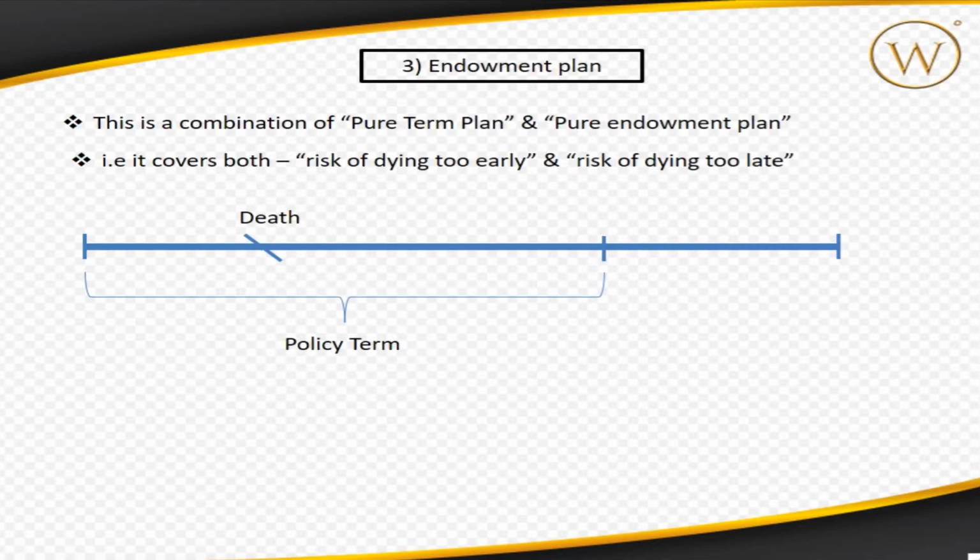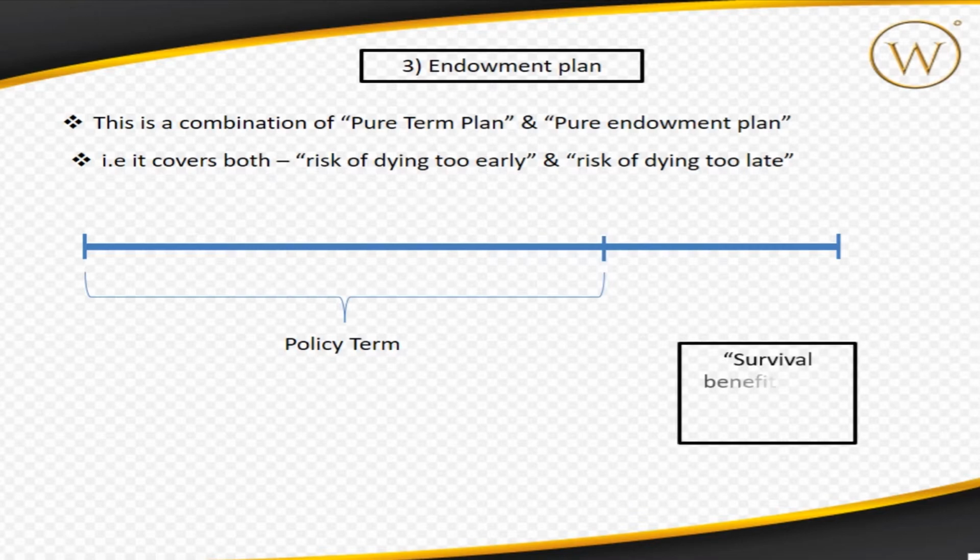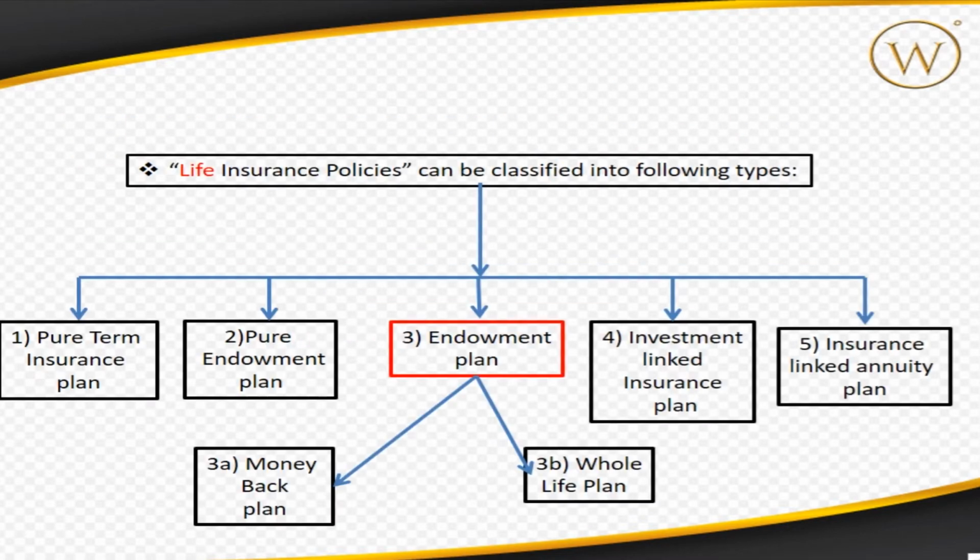However, if your death does not happen during the policy term and you survive the policy term, then you receive survival benefit on maturity, using which you can cover the risk of dying too late. So in this way, it covers both risk of dying too early as well as risk of dying too late.